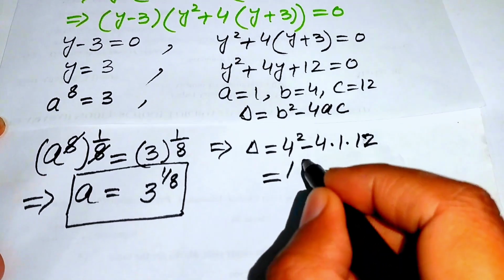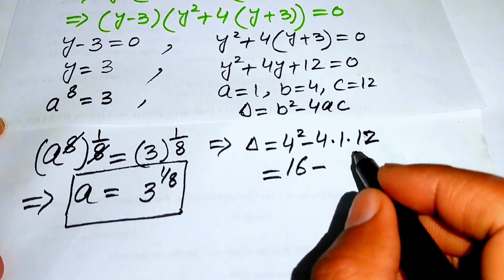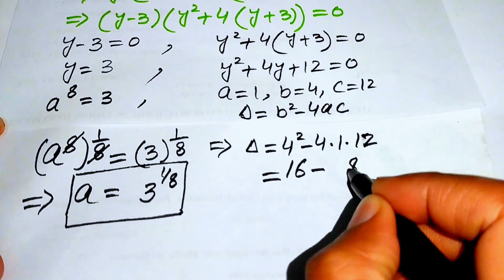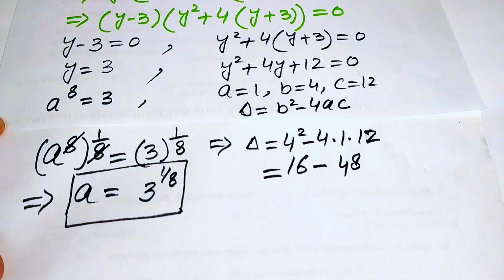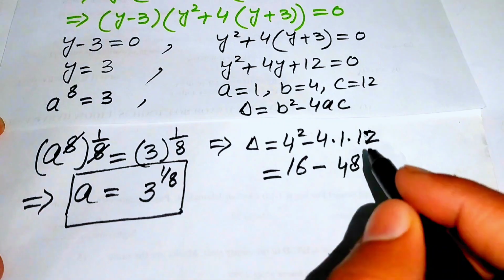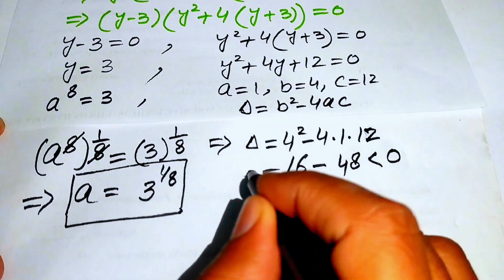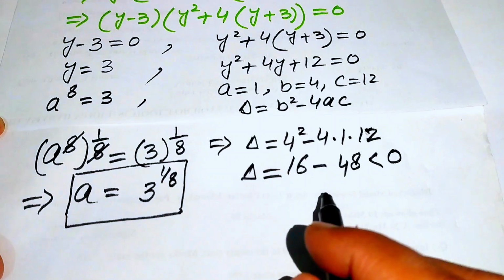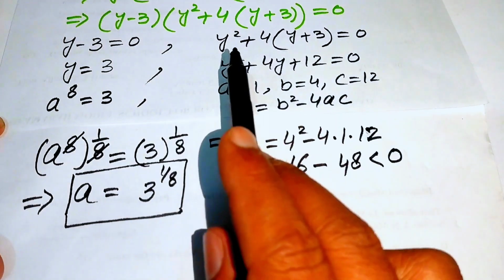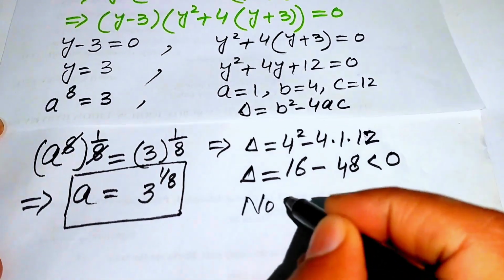So 4 squared is 16 minus 4 times 12 is 48. When you subtract 16 minus 48, you easily see that it is less than 0. So we know that if our delta is less than 0, it means that this quadratic equation has no real root.